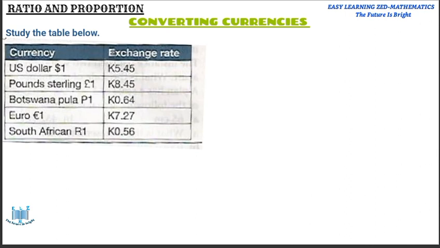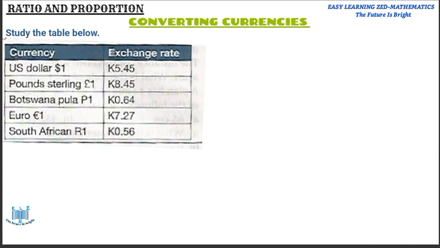Currency number one is the US dollar, where $1 is bought at 5.45 kwacha. Pound sterling, where £1 is bought at 8.45. Botswana pula, where 1 pula is bought at 0.64.